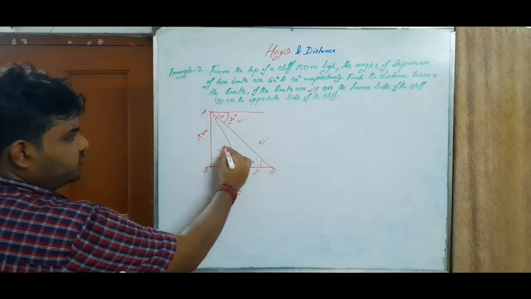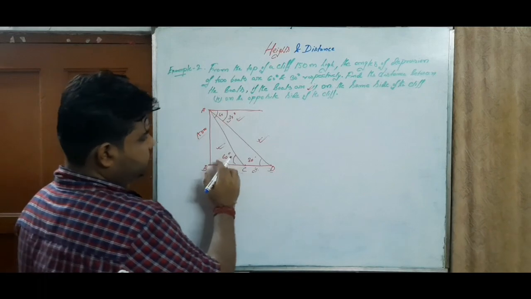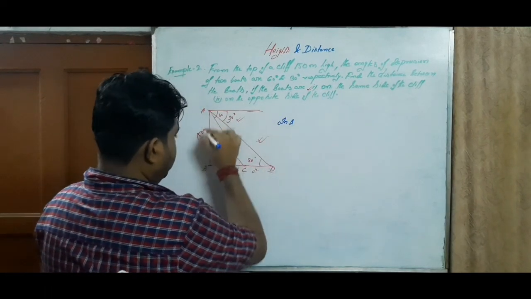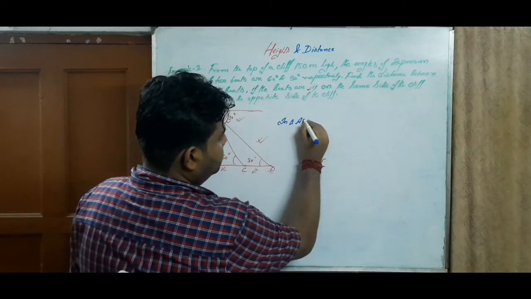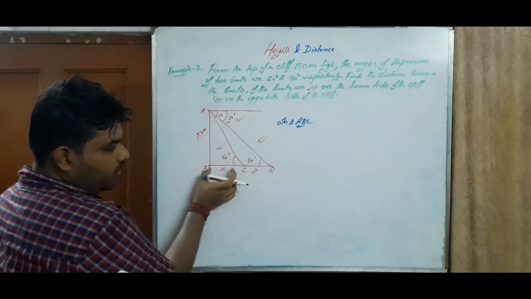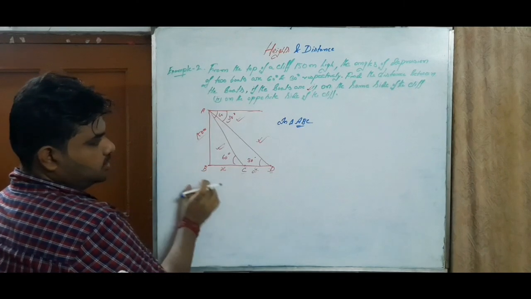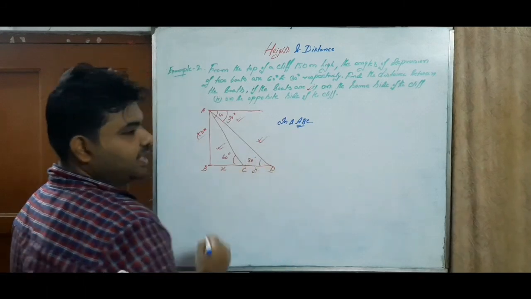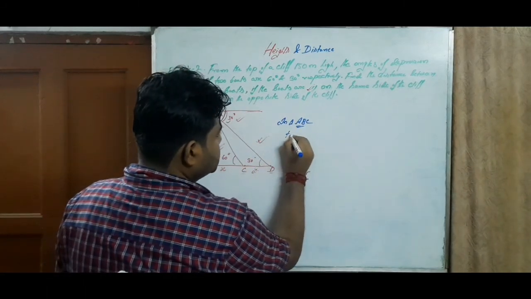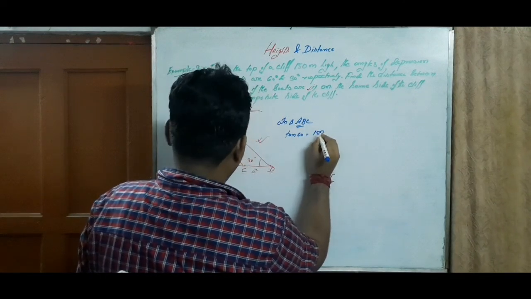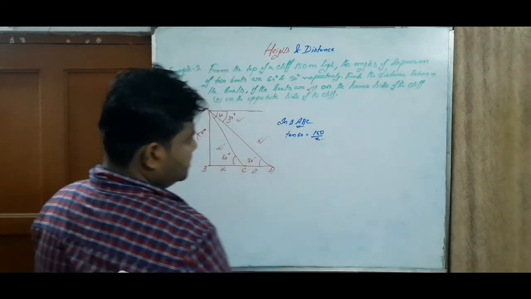Now in this first triangle, that is in triangle ABC, again we know the perpendicular and we have to find out the base. So we have to again write the formula of tan theta, that is tan 60 equals 150 by x.